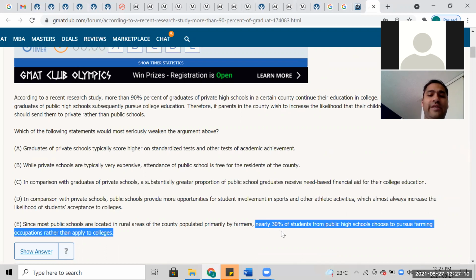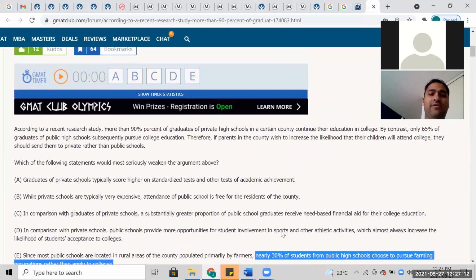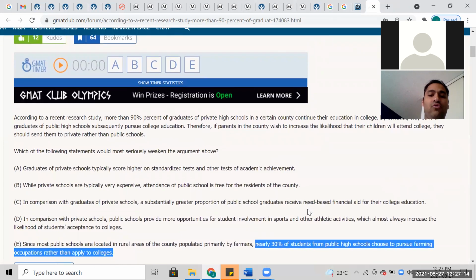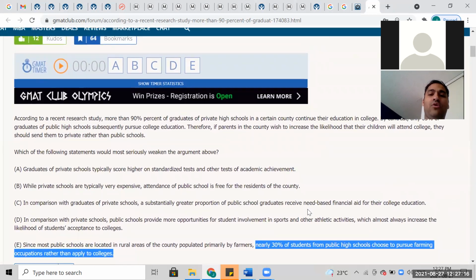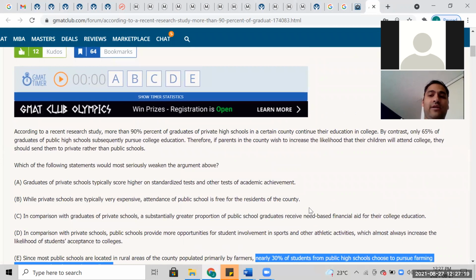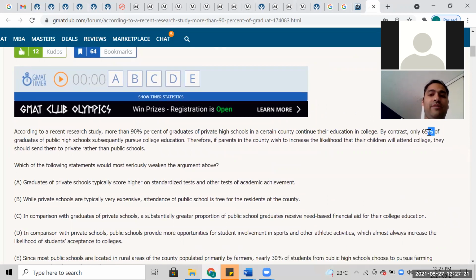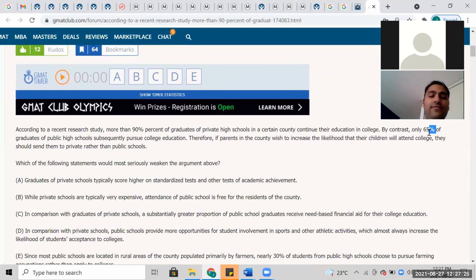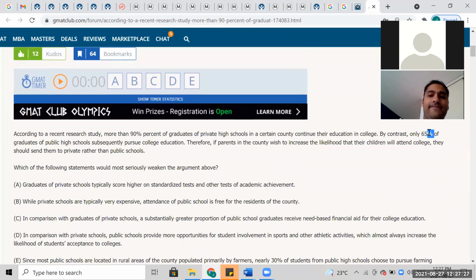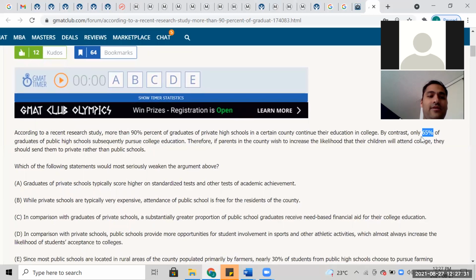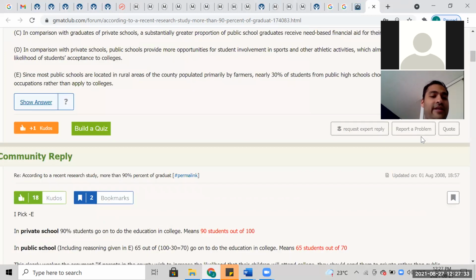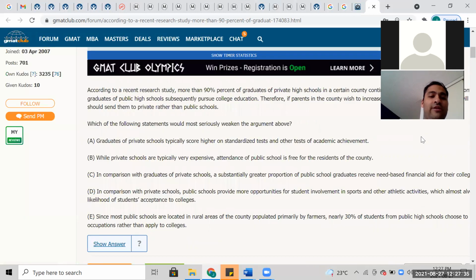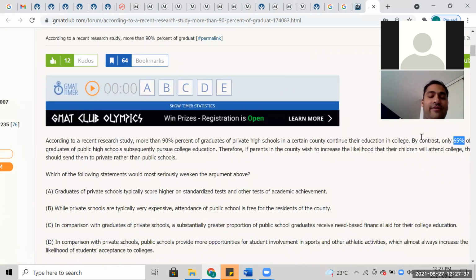I think what E is saying is that if you get rid of the 30% of people who go to farming, they don't want to go to college anyways, that number will jump up. It's coming down to 70%, and out of 70%, 65% are getting accepted, which is probably a higher percentage than the 90% of graduates of private high schools getting an entry. Yeah, you're absolutely right. That's what everybody else said in the forums, because I looked at them.